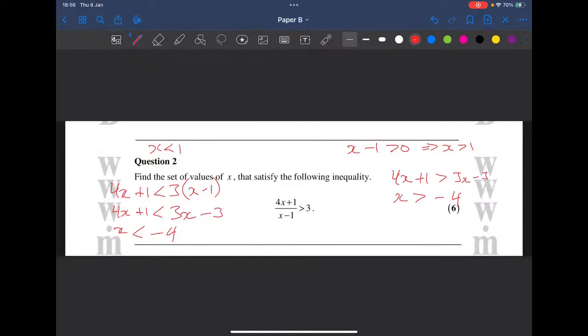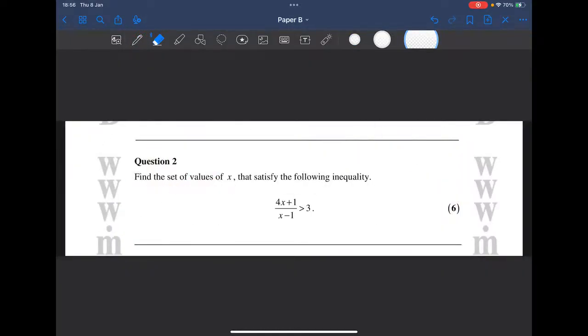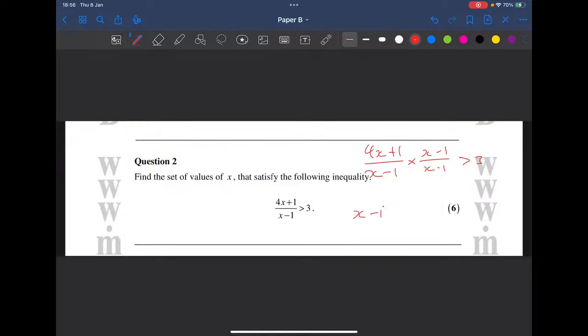What have they done? Okay, I've just forgot this idea. So instead of trying to think of it as 2 cases, what we're going to do is times both sides, top and bottom, times the left side, top and bottom. So the 4x plus 1, x minus 1, times it by x minus 1 over x minus 1. So on the bottom, you now have x minus 1 squared, and on the top we have 4x squared.